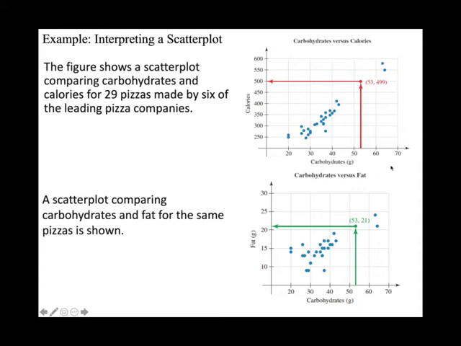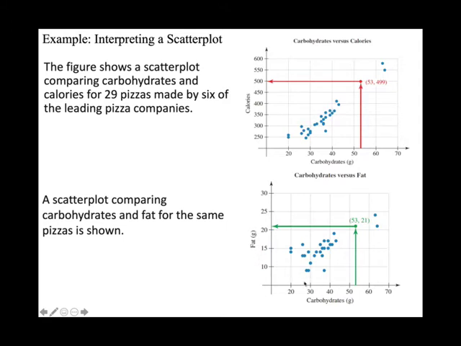The x-axis here is called the explanatory variable, and the y-axis is the response variable. That means how many calories you consume depends on how many carbohydrates you have. And then we have the second one, carbohydrates with the fat.